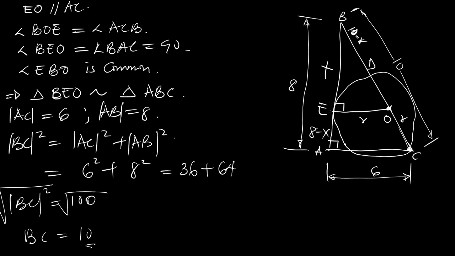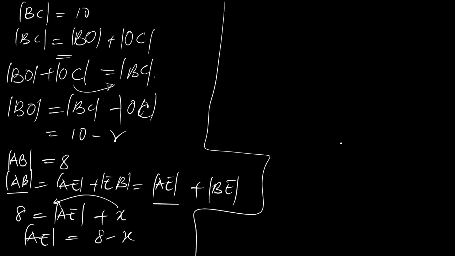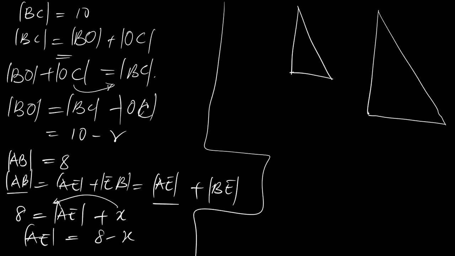So since we have gotten all this, we now have to consider the similar triangles. You have this triangle here, and you have another triangle like this. They're similar. They have the same angle here.